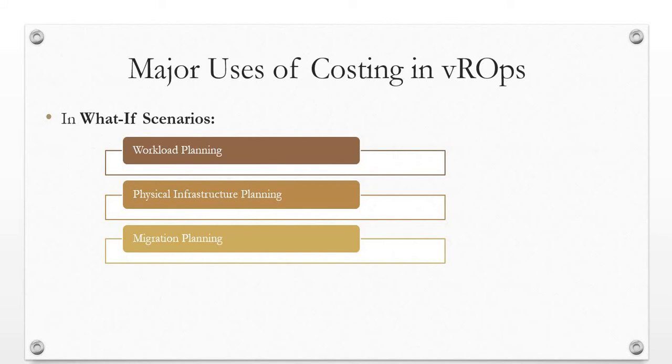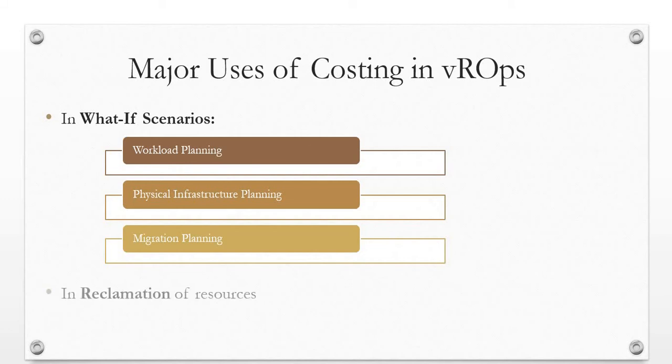If yes, then how much it will cost. Physical infrastructure planning. It enables you to forecast the impact of adding capacity to the target data center and how much it will cost. Migration planning. It evaluates the possibility of moving workloads across different clouds.